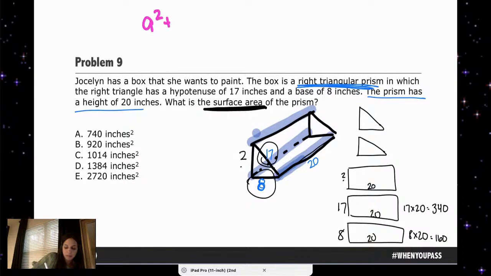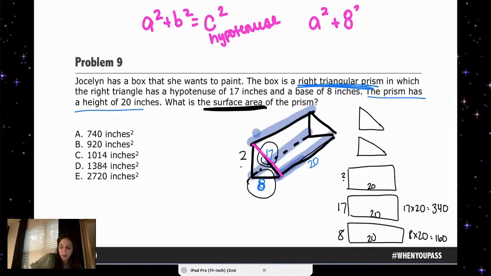a squared plus b squared equals c squared. Pythagorean theorem. So the hypotenuse is always going to be c. So I have a squared plus 8 squared equals 17 squared. a squared plus 64 equals 17 squared, which is 289.